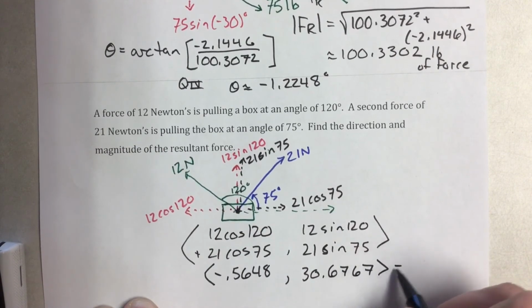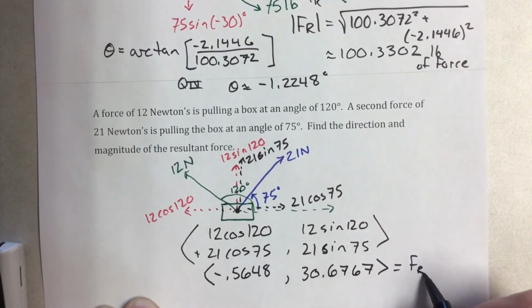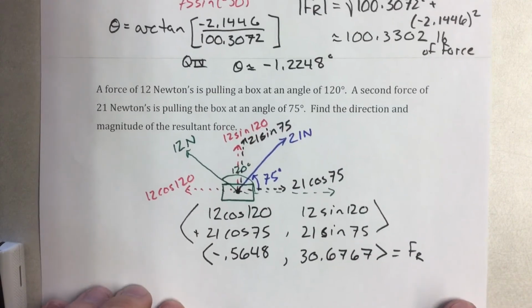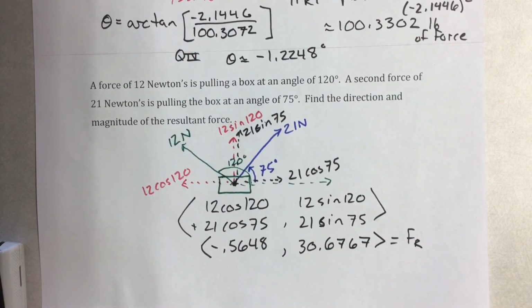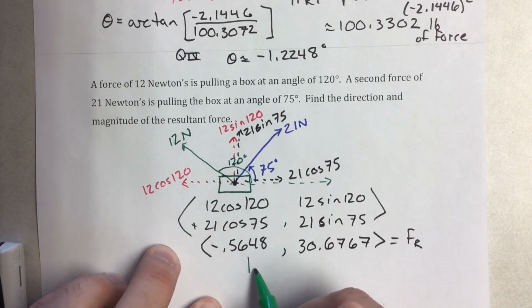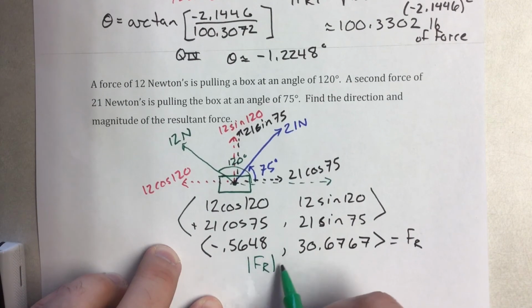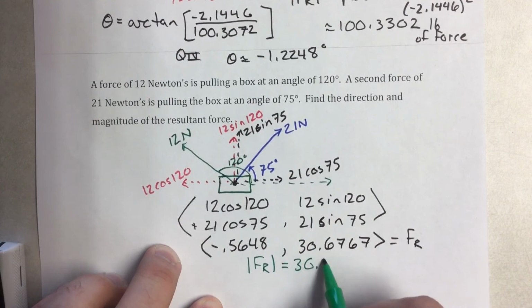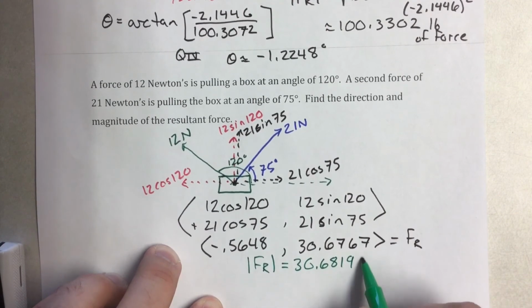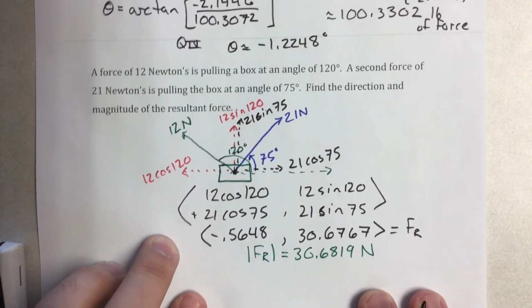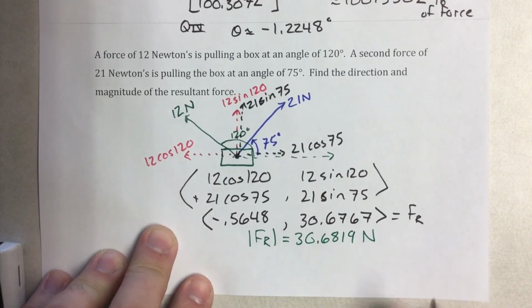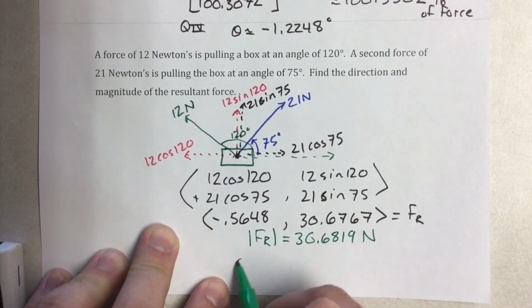So that's the component form for the resultant force. We need the magnitude. I'm not going to do this here, I'll just tell you what you should get. The magnitude should be 30.6819 newtons.